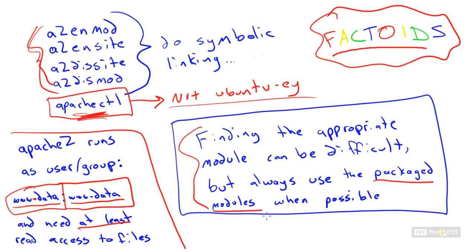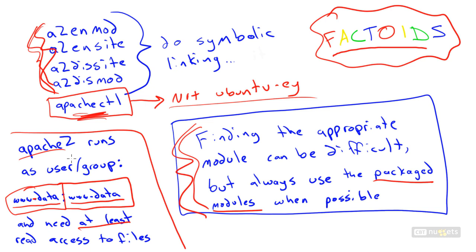So use apt-get, use the Software Center, use that sort of thing to install the modules, because it's going to be the right version, it's going to be put in the right place. These tools are going to work because it's going to actually put the modules in the right place. So I very much recommend that if you need a specific module for an application, go through and use the prepackaged ones. Just like you installed Apache 2 from a prepackaged instance, do the same thing with additional modules.